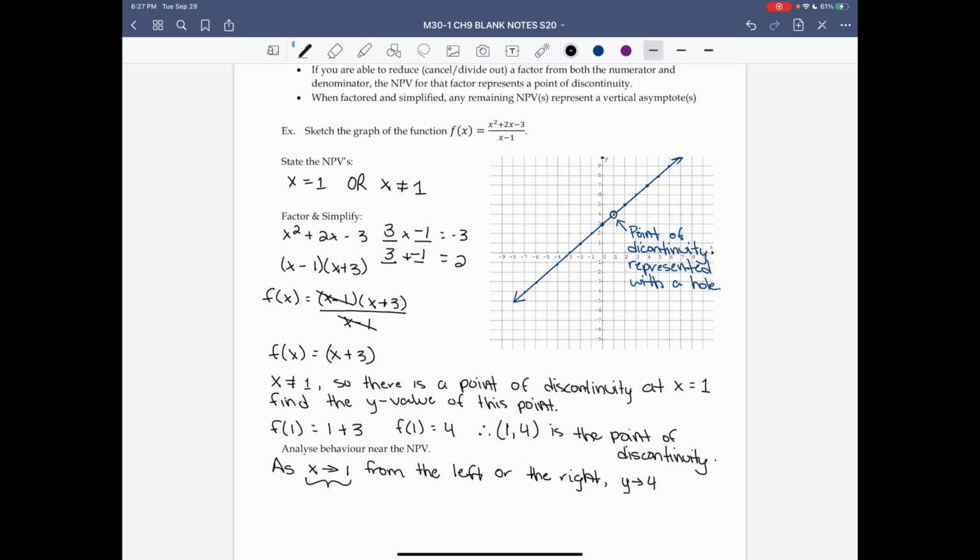Okay, so here x approaches 1 but never equals 1. And here y approaches 4 but never equals 4.